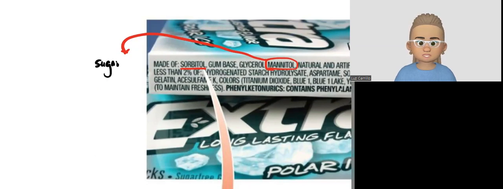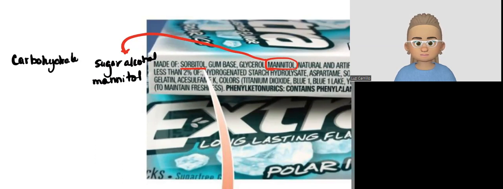So if our sugar alcohol is mannitol, then the carbohydrate that it comes from, remember, to revert the process, you remove the ITOL, and then the carbohydrate where mannitol comes from will be mannose.